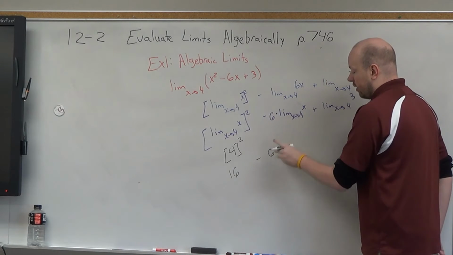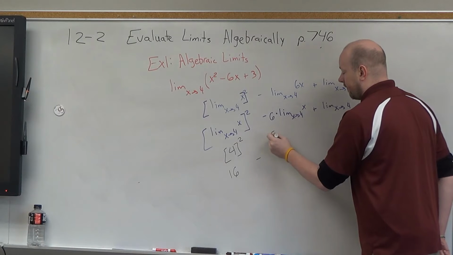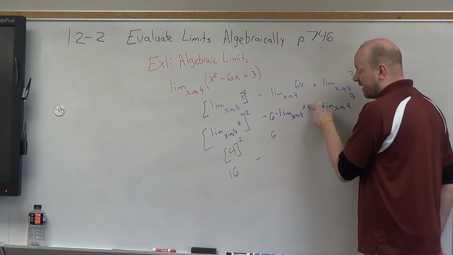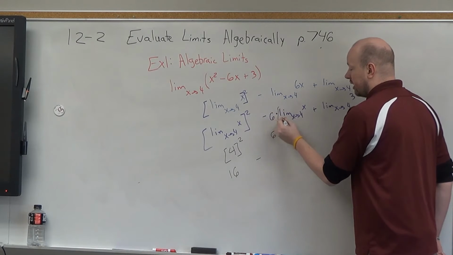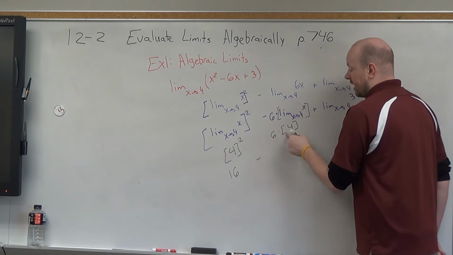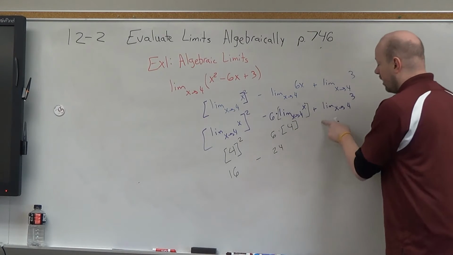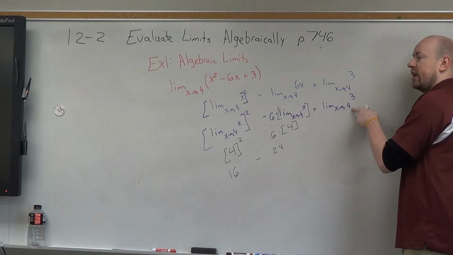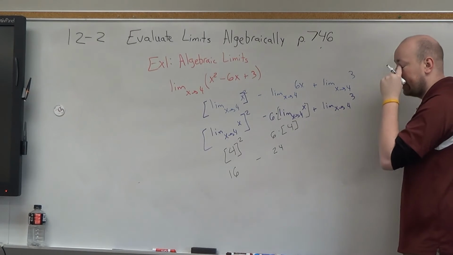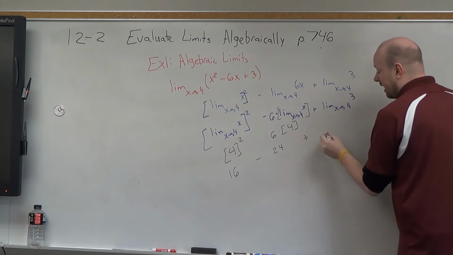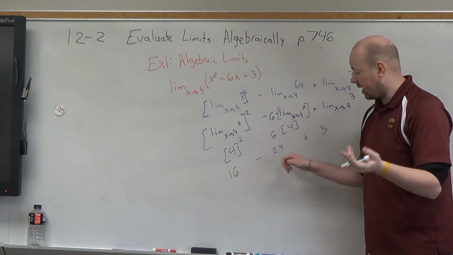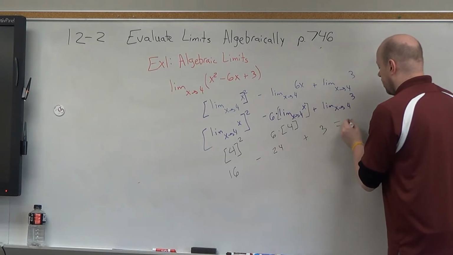Again, the limit as x approaches c of x, so my answer for here is just going to be c, so 4. 6 times 4 is going to give me 24. And here I get the limit as x approaches c of k. Now remember, if k is just some constant, there's nowhere for me to plug it in. So all I get is just that constant, so plus 3. So I get 16 minus 24, which would be negative 8, plus 3, which would be negative 5.